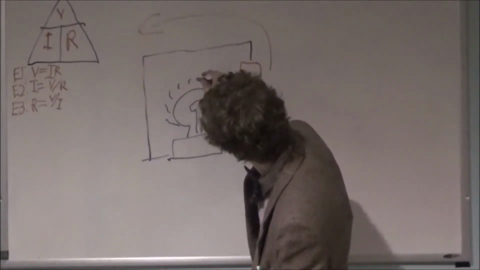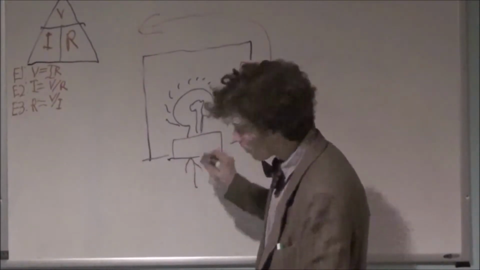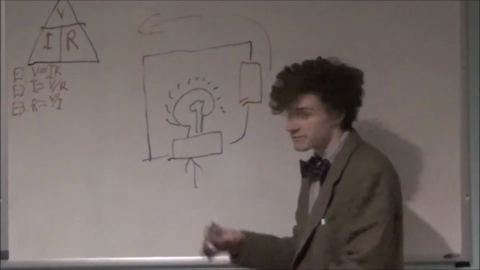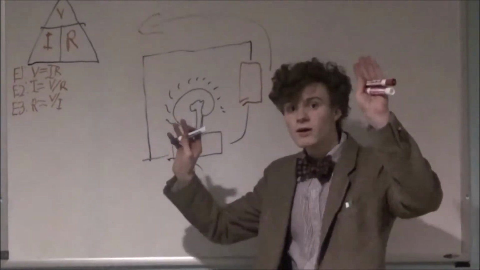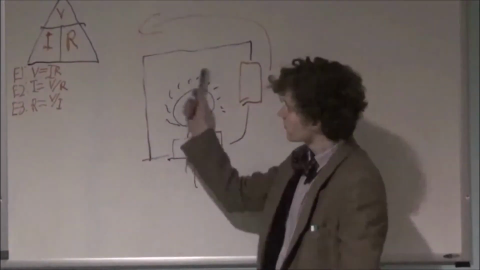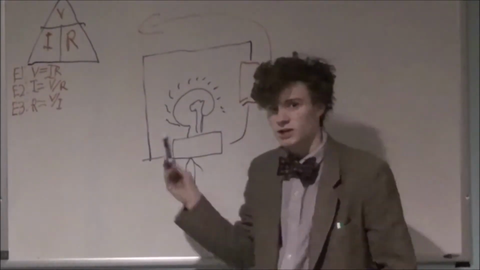Now the energy is being used to turn on the light, and the light bulb will give us some resistance because it'll be taking some of that energy. Overall current of the circuit will go down. Adding more sources of power will increase the voltage and increase the current.